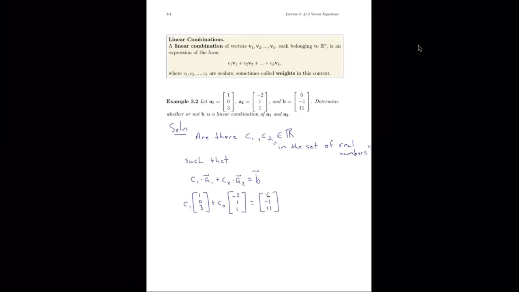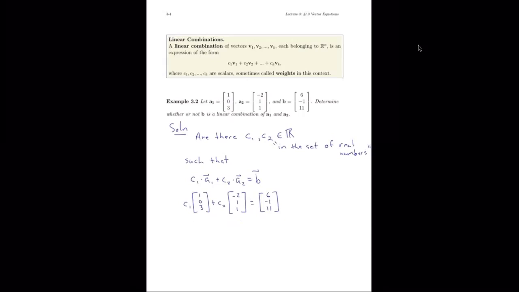So when we look at this, we remember what scalar multiplication is. By the way, we're looking now at a vector equation. This is a linear combination of vectors on the left equal to a vector on the right. So this is our standard vector equation. And what we're asking is whether or not there's a linear combination, constants C1 and C2, that satisfy this. Well, remember scalar multiplication times a vector, and then the sum of two vectors.